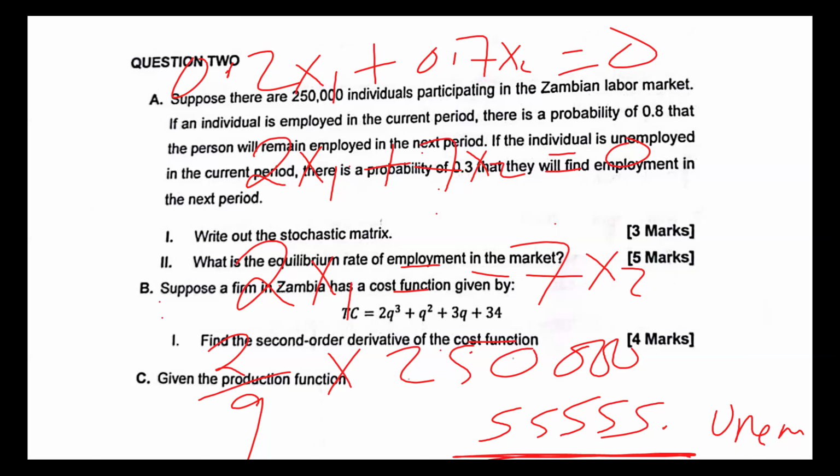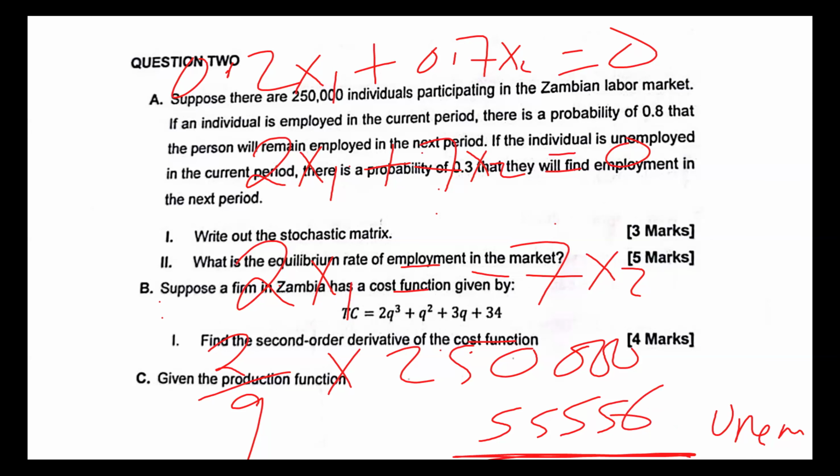There's no point anywhere. Alright, so we can just put it as 6.